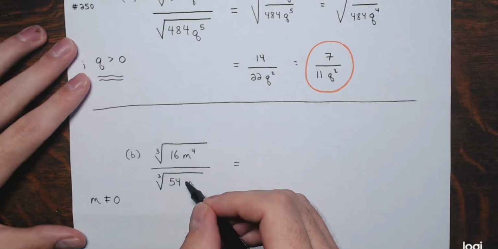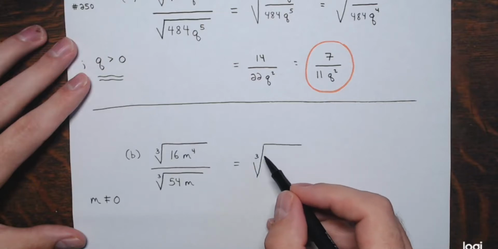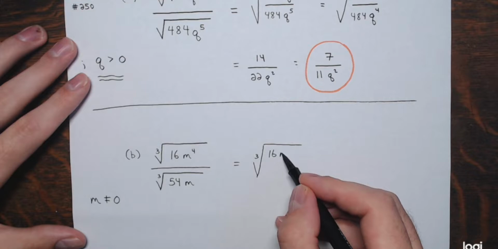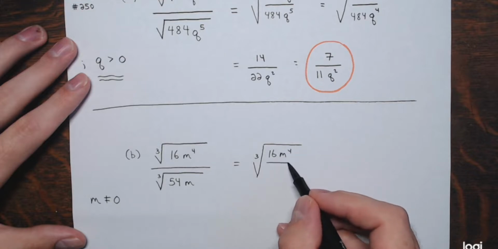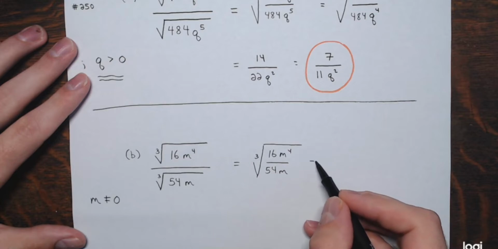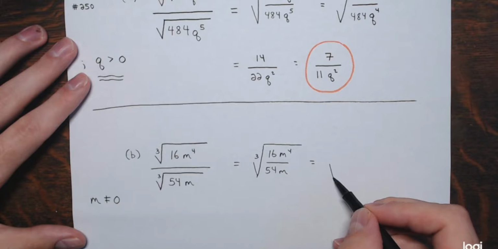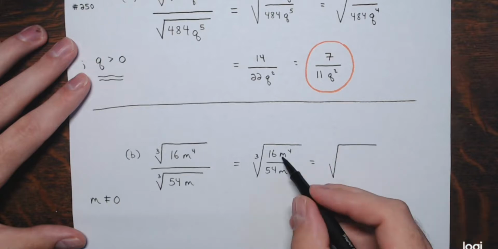We can apply the quotient property. The cube root of 16m to the 4th divided by 54m. And these both have a common factor of 2. Actually, they have a common factor of 2m.